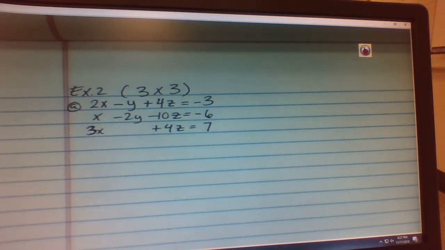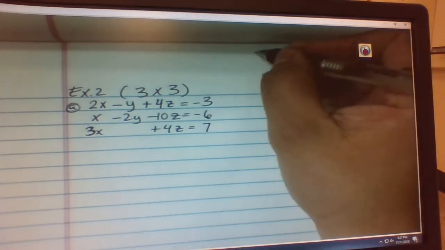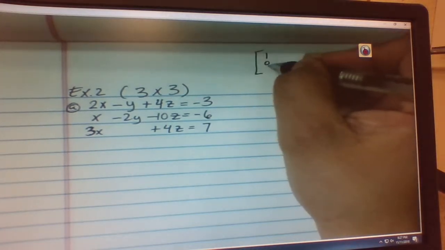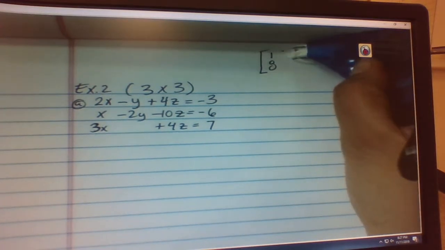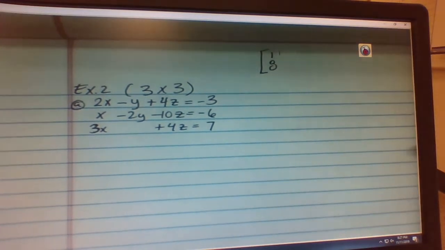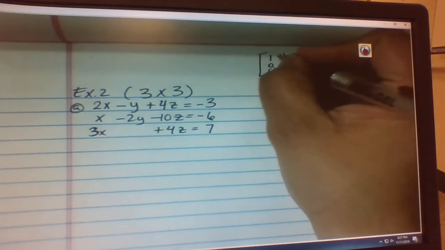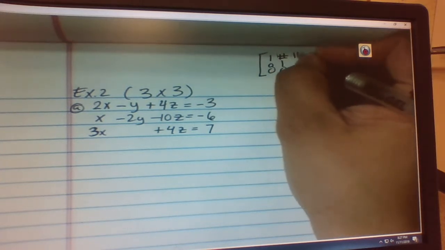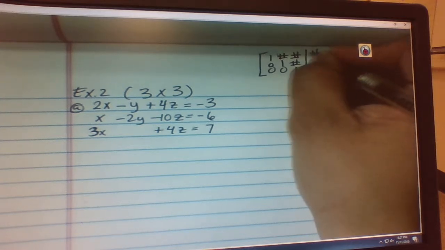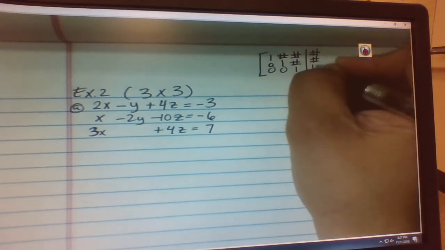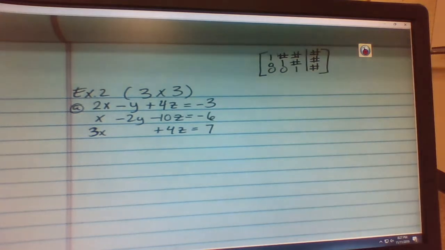So our goal is to make it look like that.